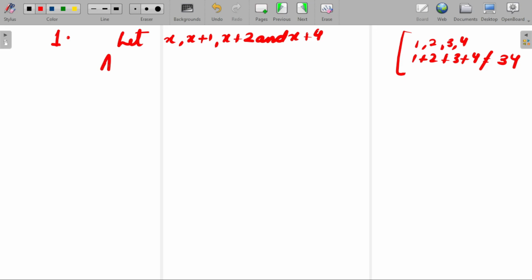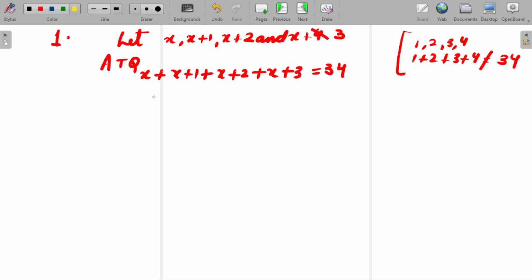So according to the question, x plus x plus 1 plus x plus 2 plus x plus 3. Sorry, this is 3, okay? Not 4, 3. The sum is equal to 34.